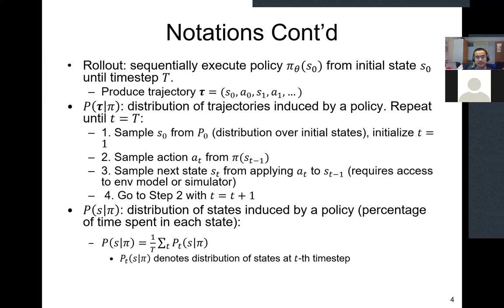This requires either an environment model, if it's model-based, or a simulator, like Carla, the driving simulator, or other robotic simulators. You don't have an explicit model in the form of transition probabilities, but you can write a program to simulate the environment. Then in step 4, you go back to step 2 with t incremented by one time step.